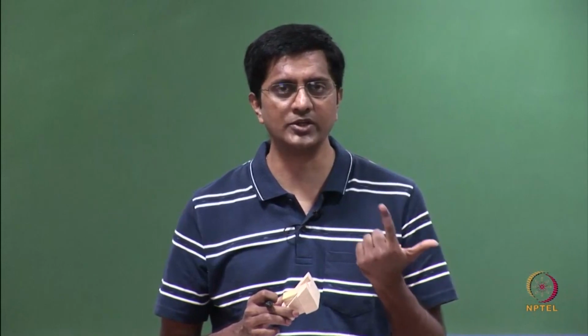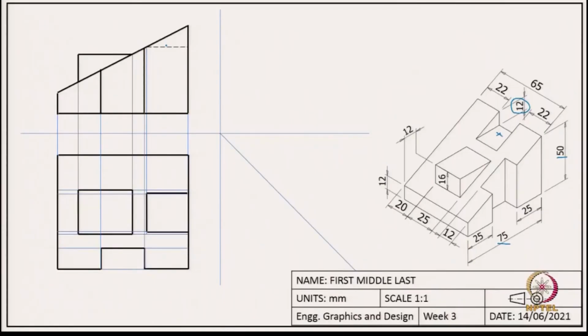Okay. So, until now we are able to capture the front view and the top view. What is now left is the side view. How do we proceed? We first draw the second reference line perpendicular to the first reference line, and then we use this technique of the 45-degree line to capture the dimensions from the top view.